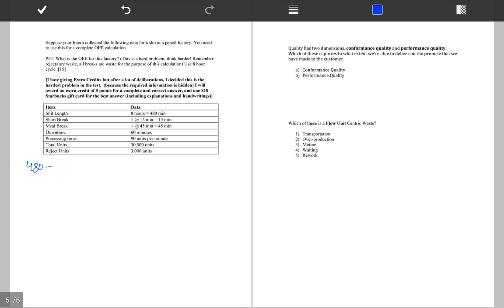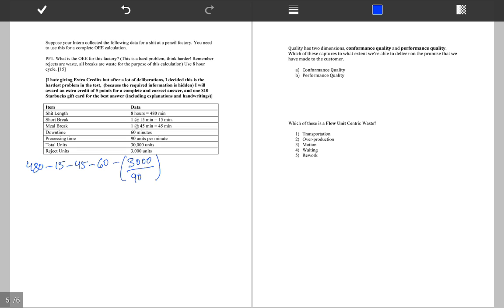We lose 15 minutes for the break, 45 minutes for the meal break, and 60 minutes for the downtime. That's easy. We also lose 3,000 units for the rejects. 3,000 units is worth 3,000 divided by 90, because in each minute you can produce 90 units.